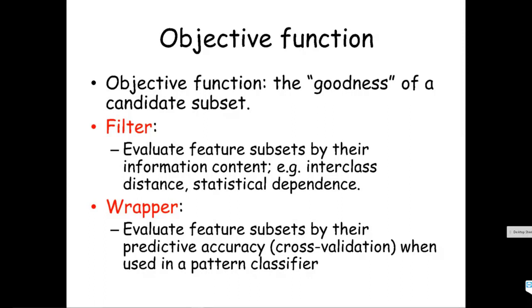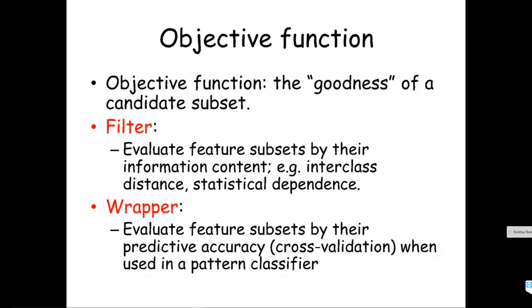So I get 80% cross-validation accuracy if I just use this column. And then I'm going to move on to the next column and ask the same question. If I were to use just this one, what would be my cross-validation accuracy? Say 70%, and so on. I'm going to evaluate each one and pick the one that works best.